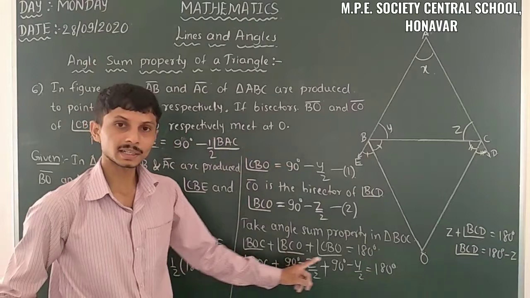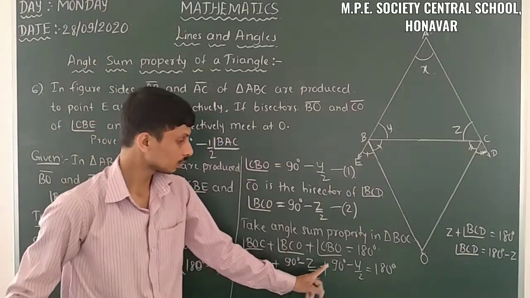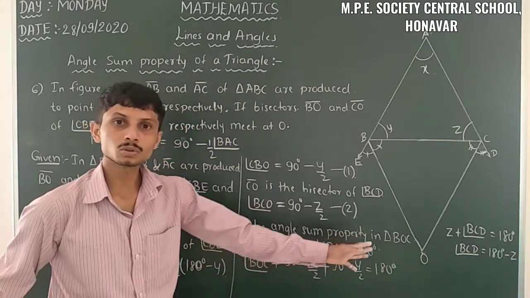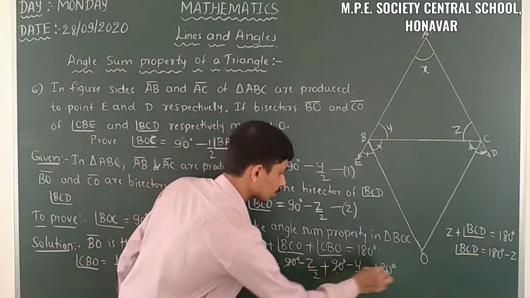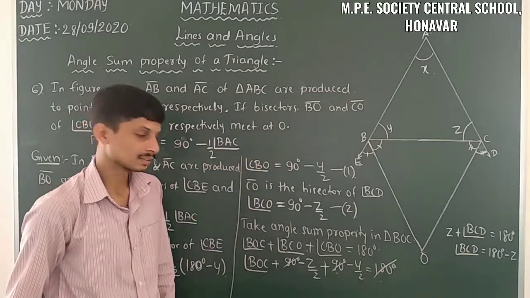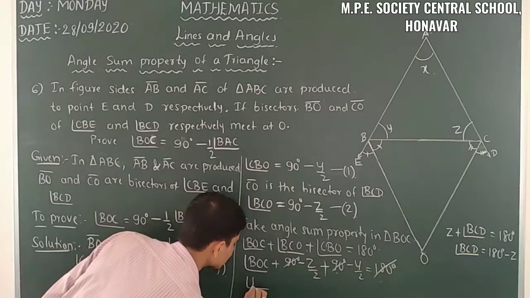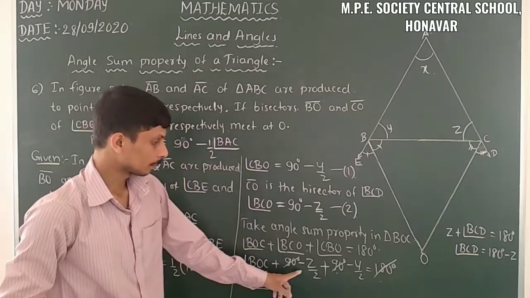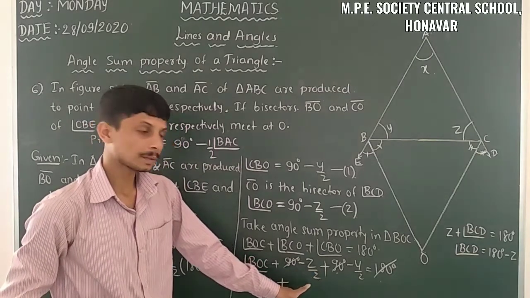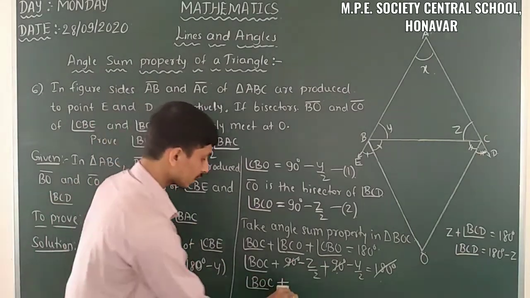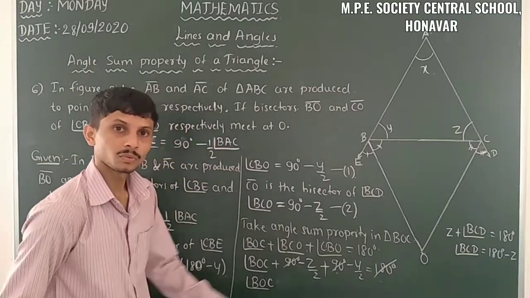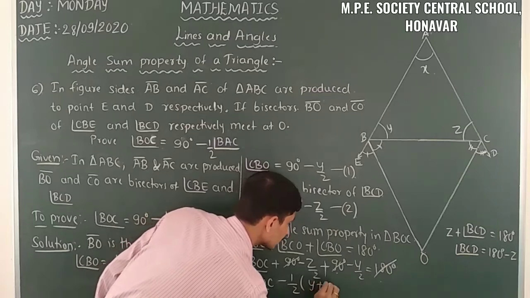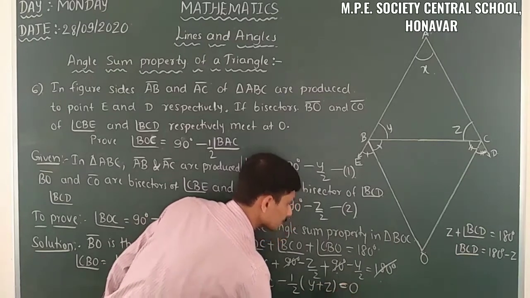Just observe, 90 plus 90 is equal to 180 degree. So when 180 degree is transposed to the RHS side, those get cancelled. Then angle BOC plus minus z by 2 and minus y by 2. I will take out minus 1 by 2 from both, minus 1 by 2 into y plus z is equal to 0.